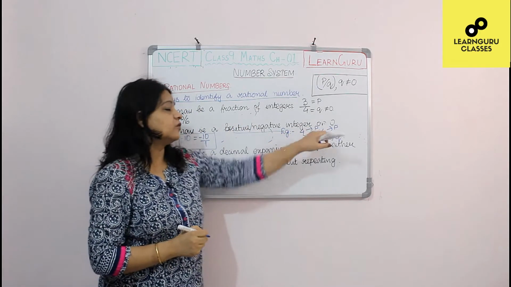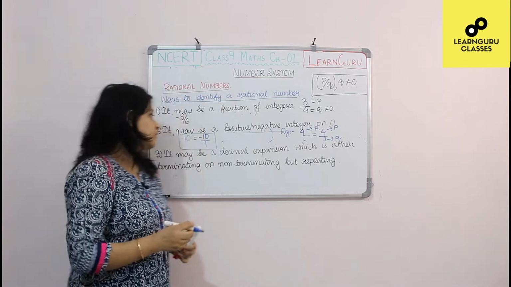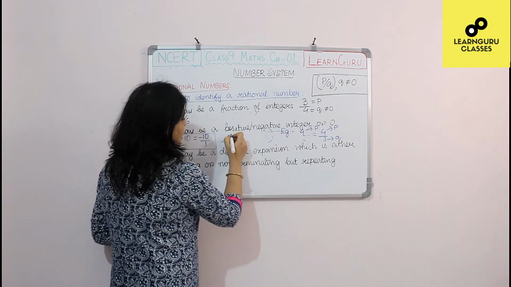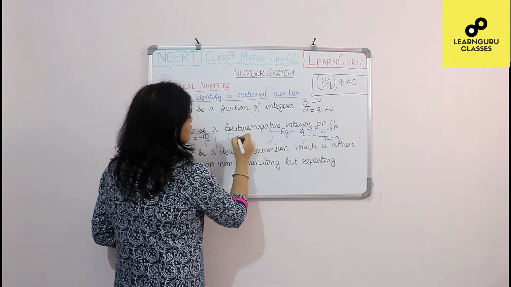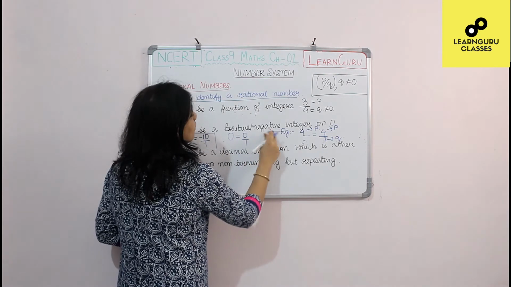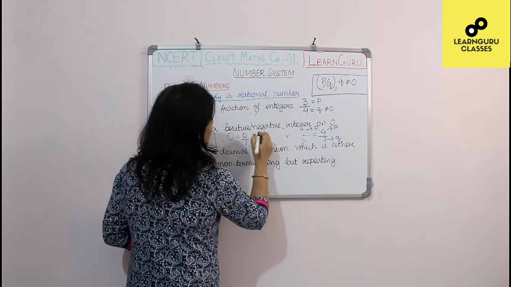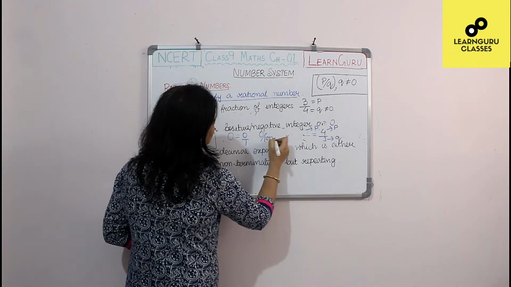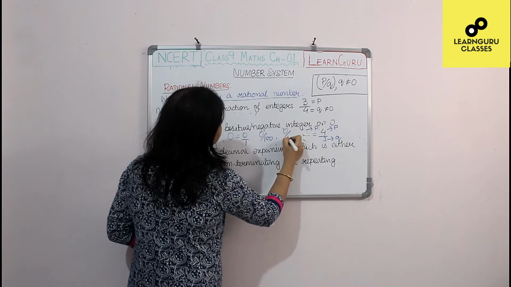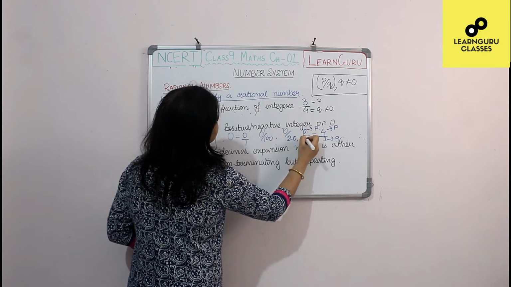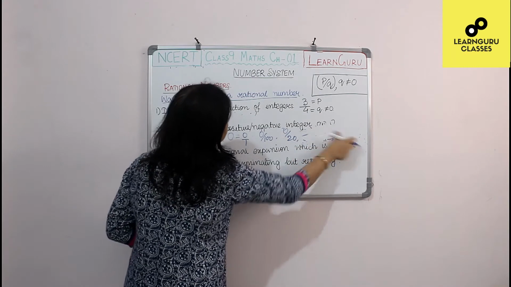Now what about 0? Can I write 0 as 0 by 1? We can write 0 as 0 by 1, or 0 by 100, or 0 by 20, or 0 by minus something; we can write 0 in this form.